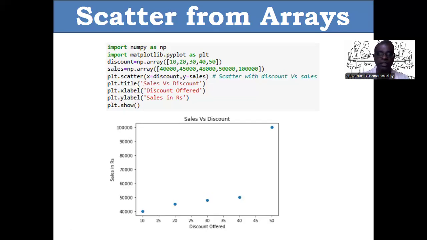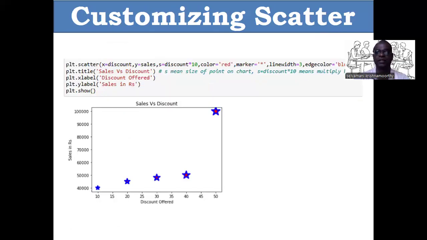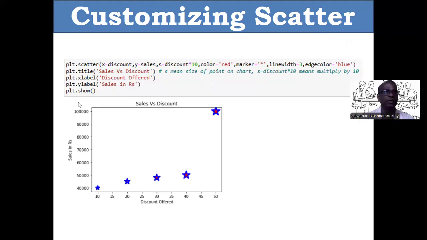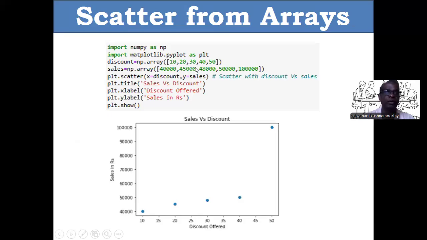Now let us study how to customize the scatter chart. See, same thing. plt.scatter, x equal to discount, x-axis, y equal to sales. s equal to discount multiplied by 10. What will happen? Whatever value available in discount will be multiplied by 10.